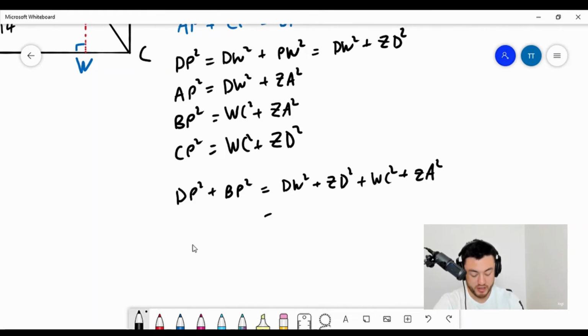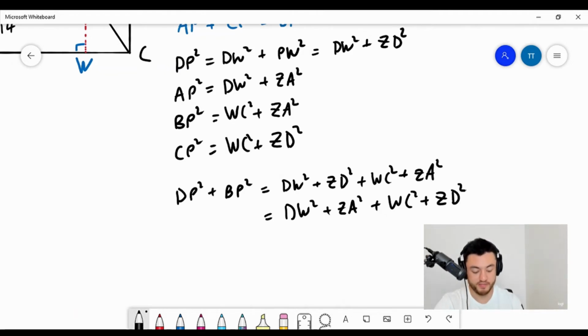Okay, so we can see that this is actually the same as DW squared plus ZA squared plus WC squared plus ZD squared, just moving around the addition.